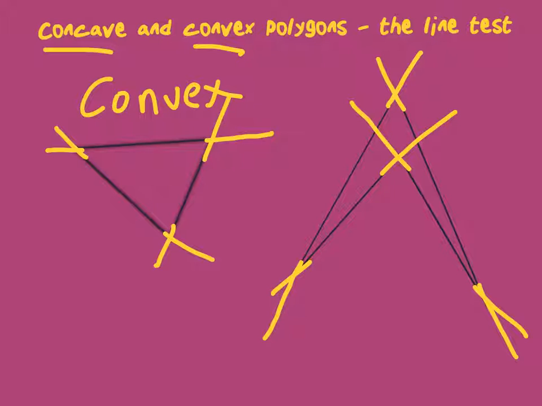You can see that when we extend those lines, it goes through the middle of the polygon. When that happens, like it does right here, we call that a concave polygon. So this is a concave polygon. If you're not sure which one is which, just run the line test and it'll help you figure it out.